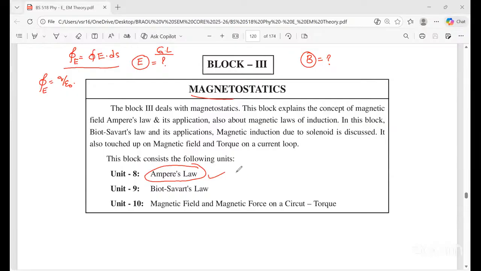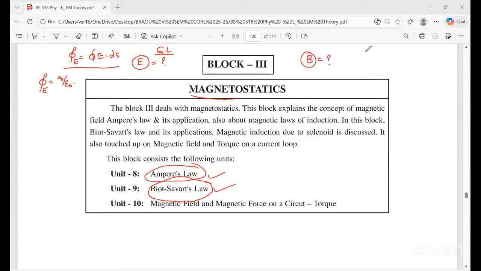But if the length of the conductor is irregular, and the field is also not uniform, in that case Ampere's law is not applicable to find out the capital B value. Okay. So there another law was introduced, that law is the Biot-Savart law. By using this Biot-Savart law, you can easily find out the B values.